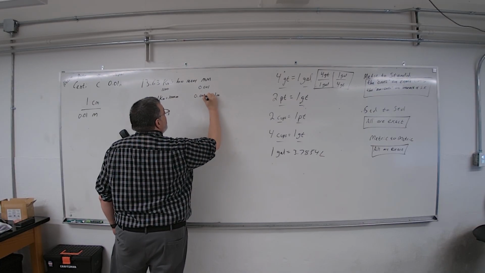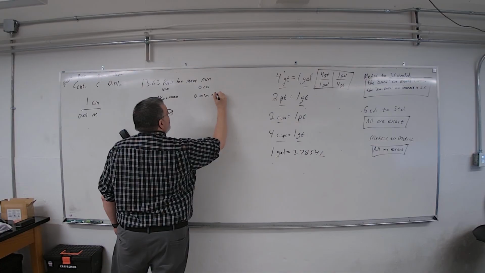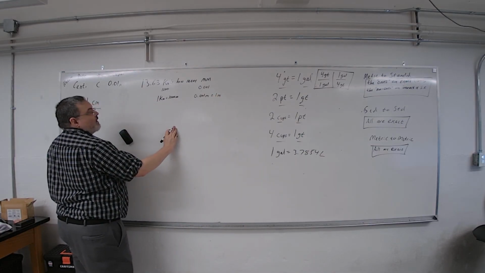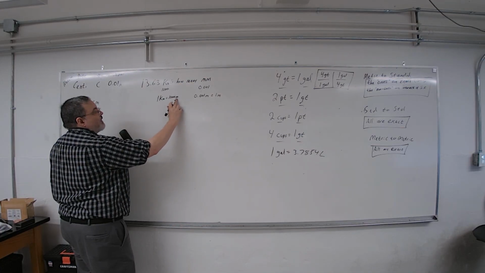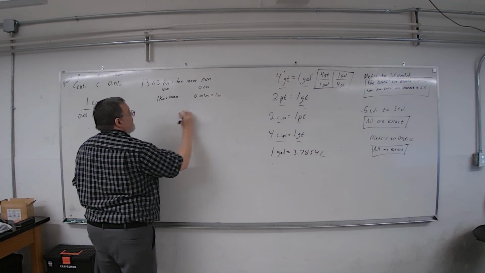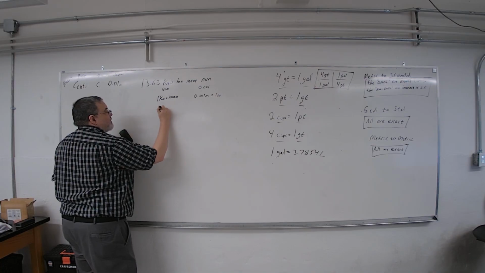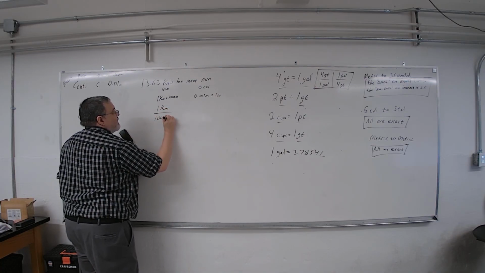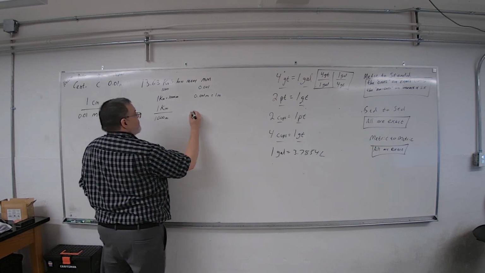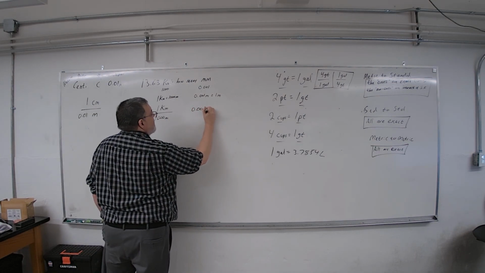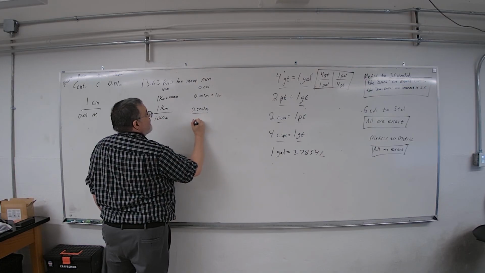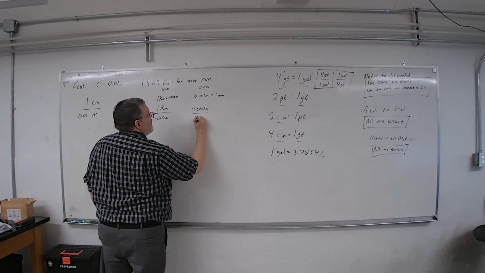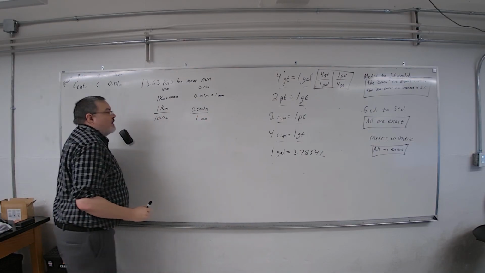The multiplier is meters. So my two conversion factors that I could use here are 1 kilometer is 1,000 meters, and 0.001 meters is 1 millimeter.